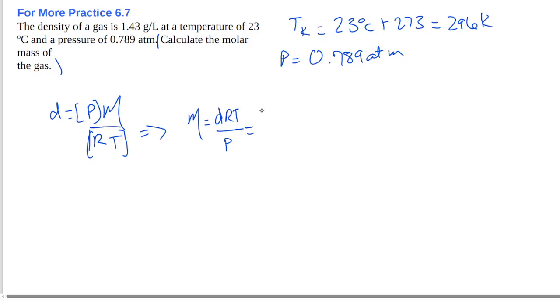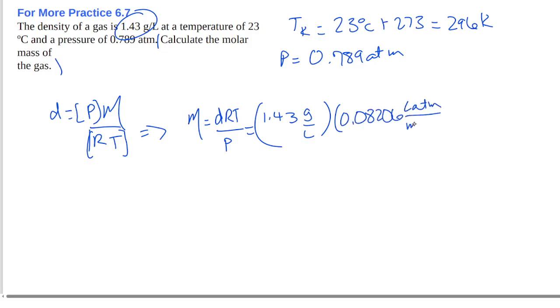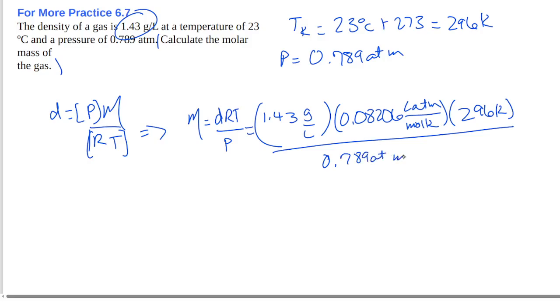Now we can plug in. Our density is given, which is 1.43 grams per liter. Our R is 0.08206 liters atmospheres per mole Kelvin. And the temperature is 296 K. And let's divide by the pressure, which is 0.789 atmospheres.